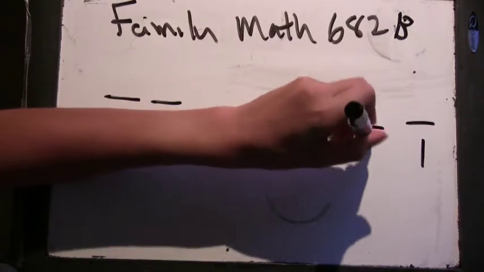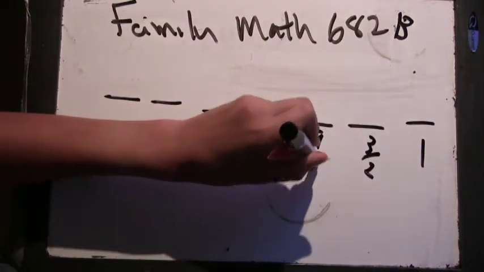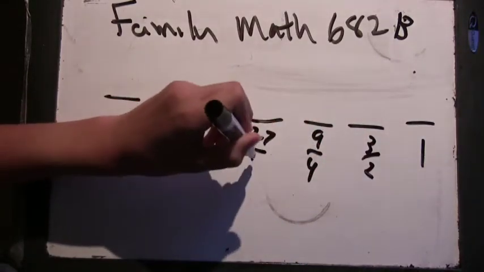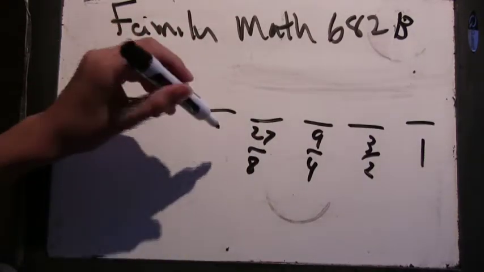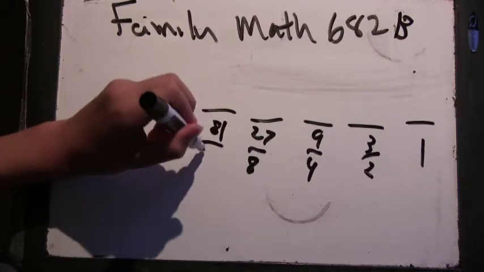This would be the 1, the 3 halves, 9 fourths, 27 eighths, and so on. Okay.